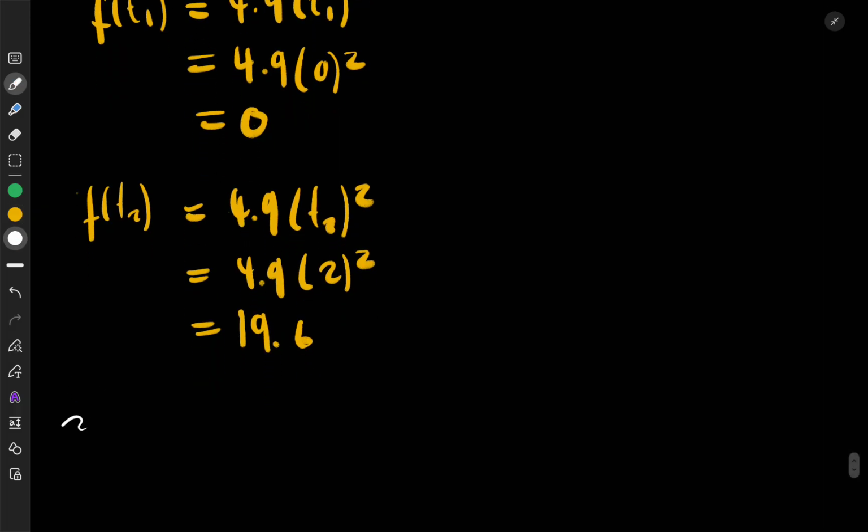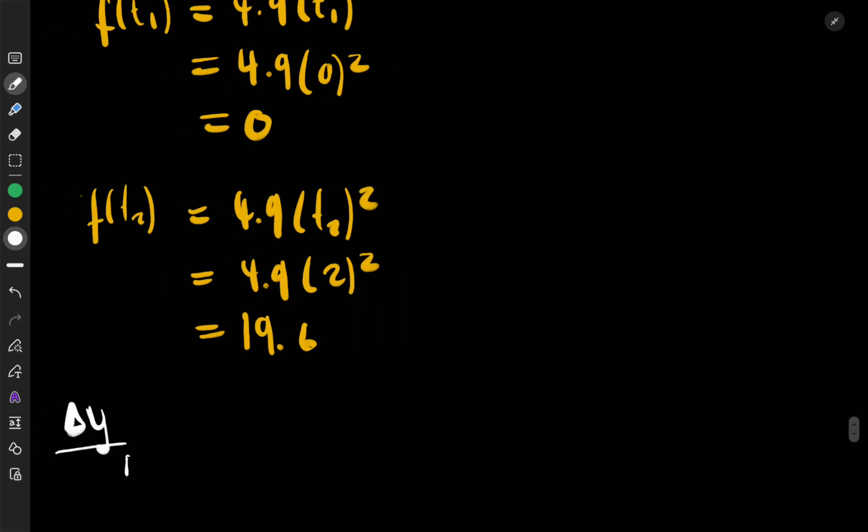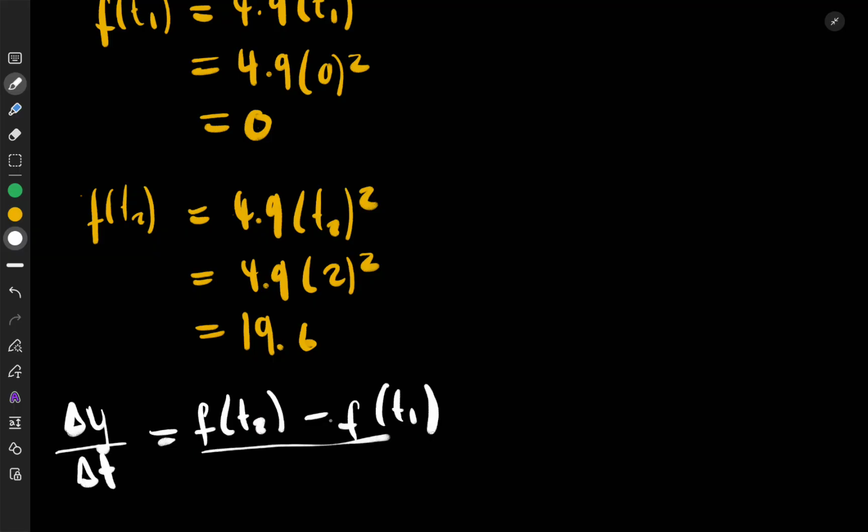So now delta y over delta t is f(t2) minus f(t1) all over t2 minus t1.